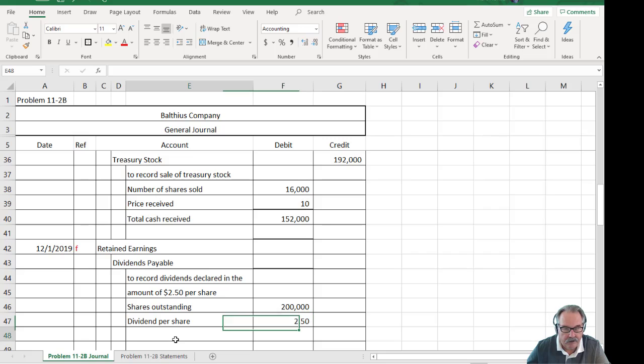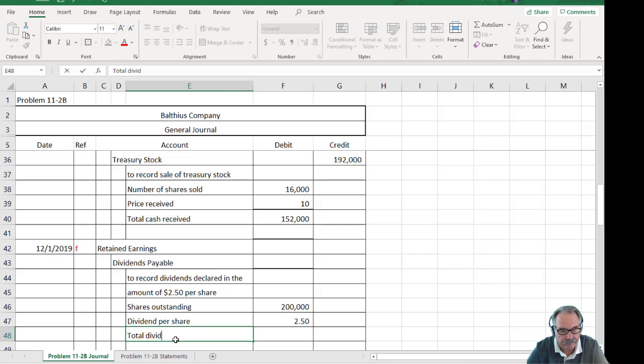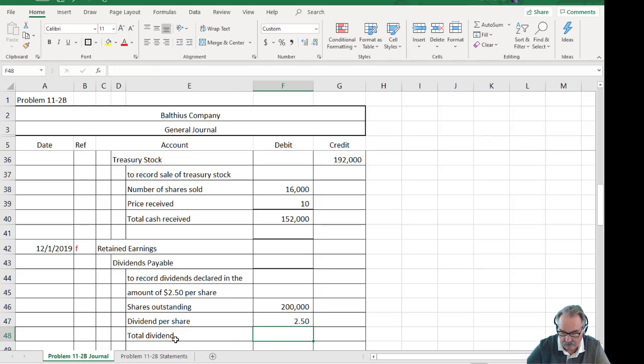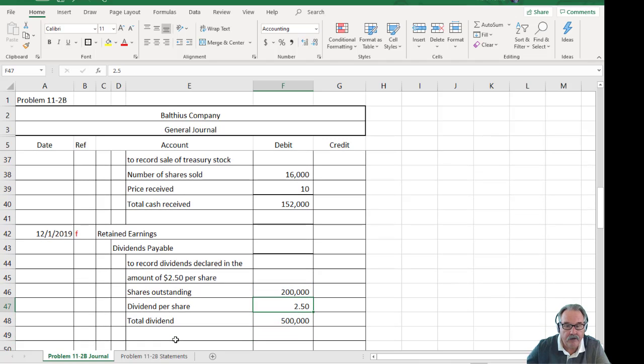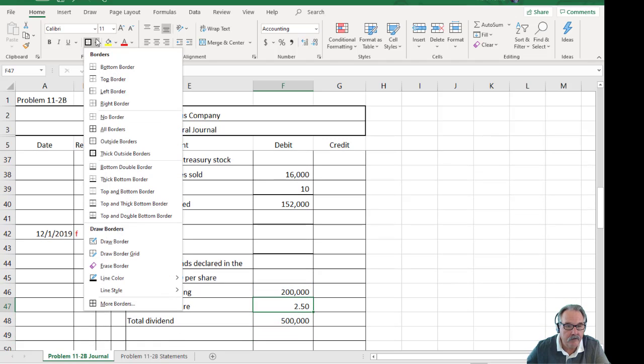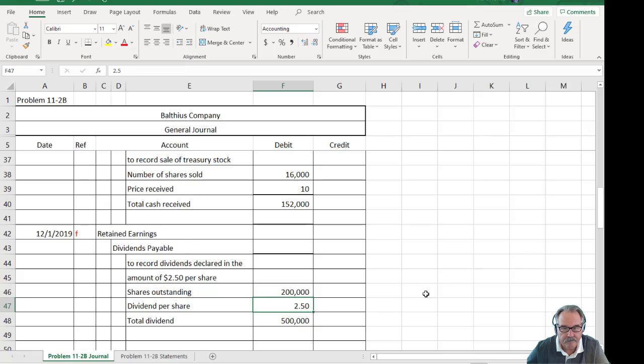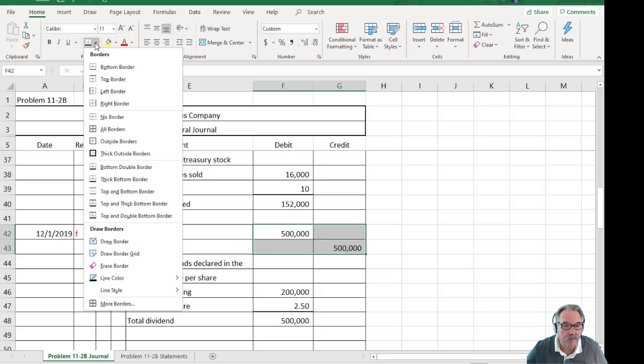And then our total dividend is 500,000. I'm going to draw a line and debit retained earnings for 500,000 and credit dividends payable.